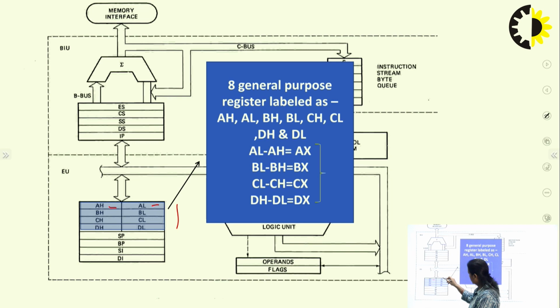If we talk about AL alone, it is 8 bits, and AH is again 8 bits, and if we combine AH and AL, then this is a 16 bit register. Similarly BH, BL, all these are the general purpose registers. So we can use them as 8 bit, or we can use them as 16 bit.